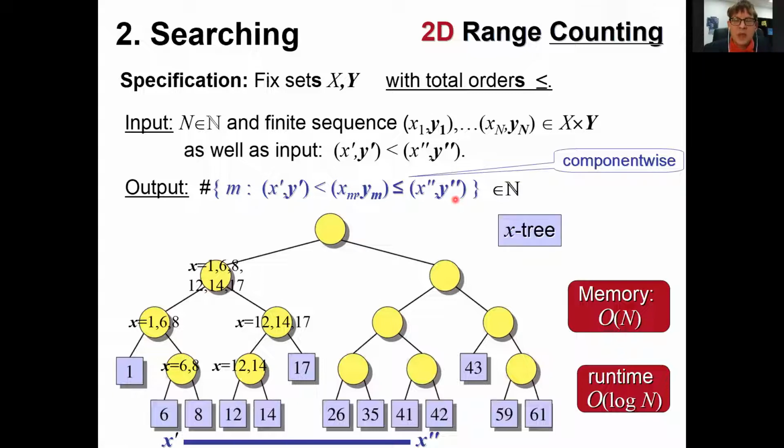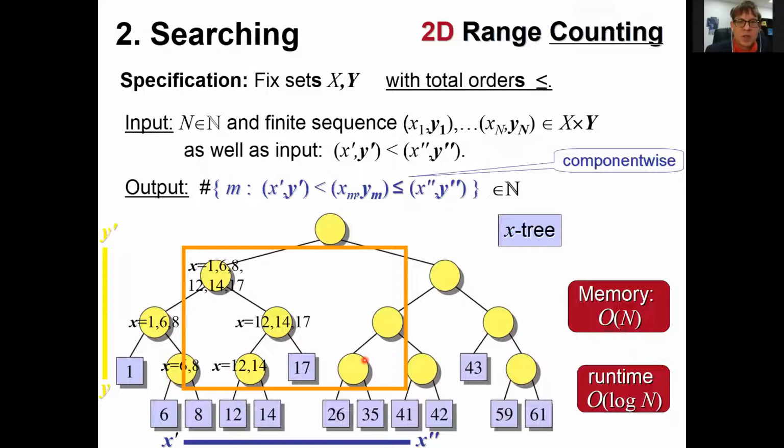And geometrically, we can imagine that by having, right, here is the Y condition, here the X condition, and geometrically this means that the elements we're looking for lie in some kind of rectangular range. And to emphasize that again, we cannot simply look at all elements that satisfy the X condition and then filter those that additionally satisfy the Y condition, because that could be a very large number of elements which satisfy the X condition but not the Y condition.